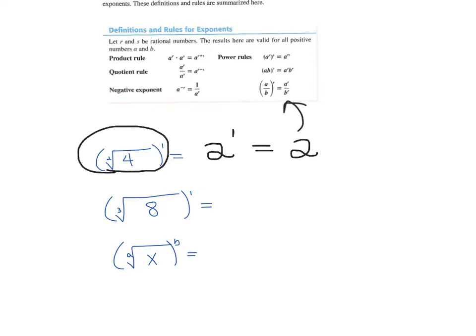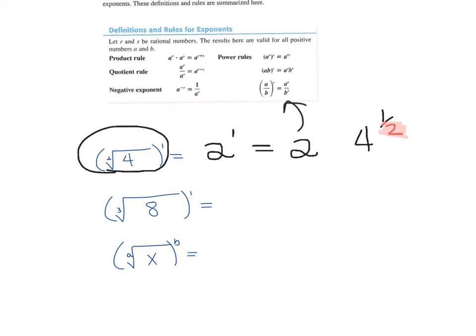You're going to be given 4 to the 1/2 power. The denominator of your fraction is the root. The top of the fraction is the exponent. So you're going to be given integers raised to a rational exponent, and they're going to be fractions. And then we're going to evaluate them.